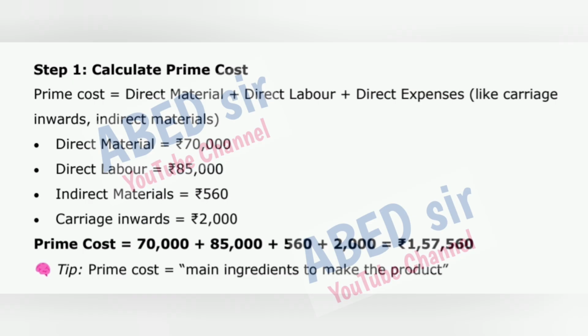Indirect materials is equal to 560 rupees. Carriage inwards is equal to 2,000 rupees. Prime cost is equal to 70,000 plus 85,000 plus 560 plus 2,000, is equal to 1,57,560 rupees. Tip: prime cost is the main ingredients to make the product.